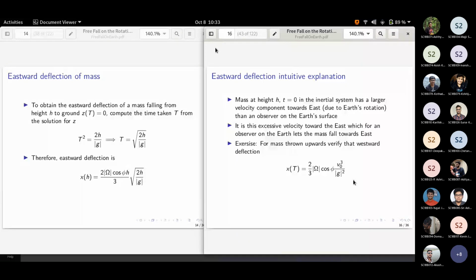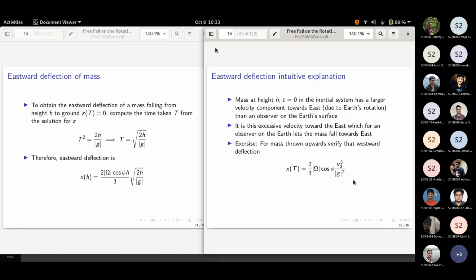So basically, if you have to move towards either east or west, you have to apply this additional compensation velocity. Mainly this component is due to Coriolis. We have already seen that.